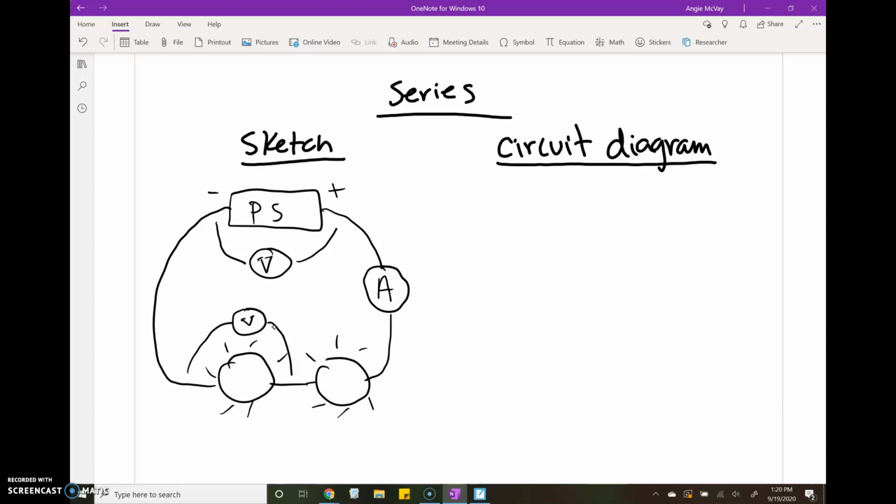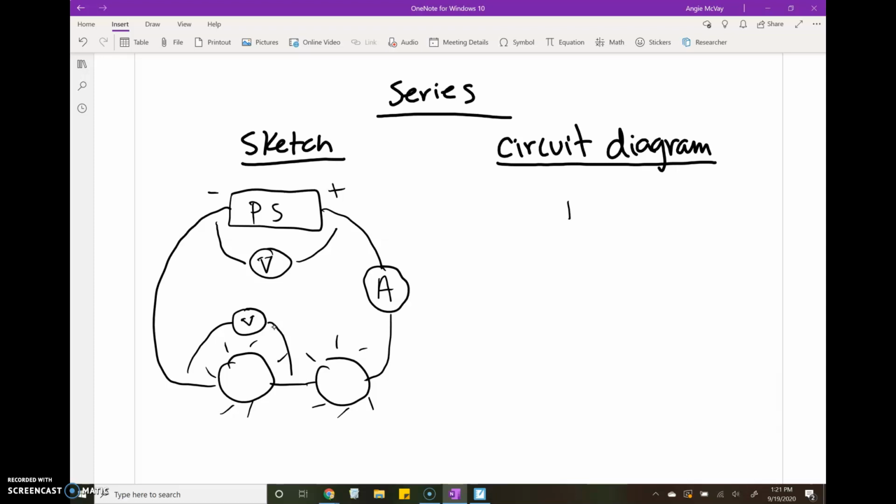Now, what about an official circuit diagram? Even though the word circuit really means circle, a circuit diagram is rectangular. They're nice square 90-degree edges.